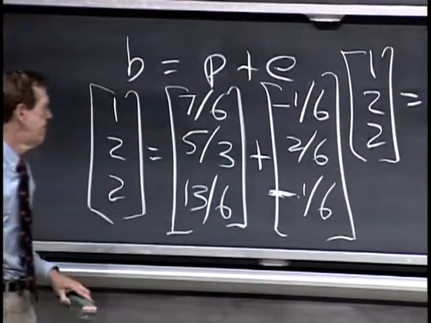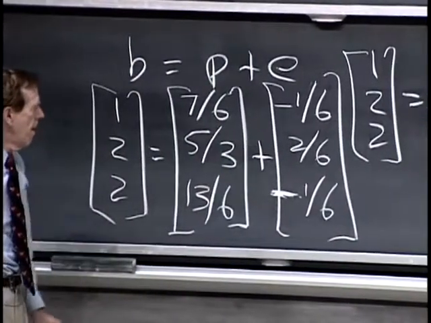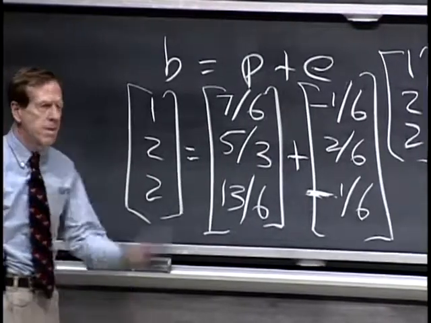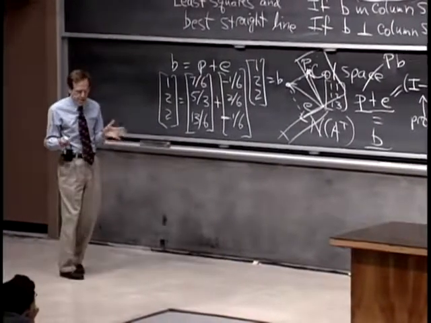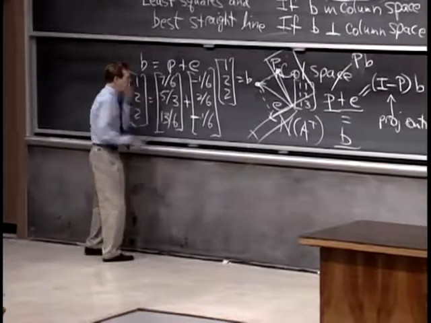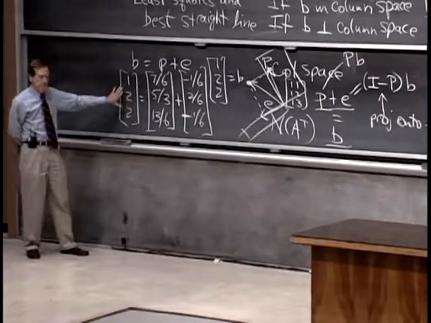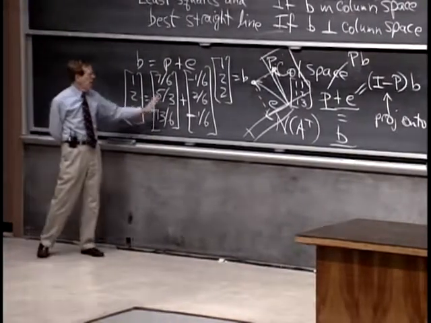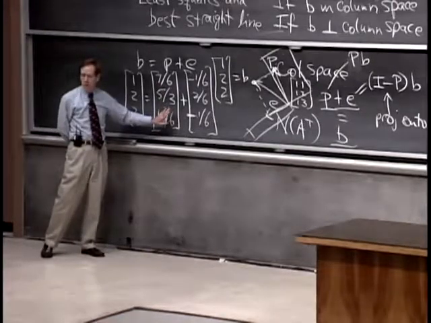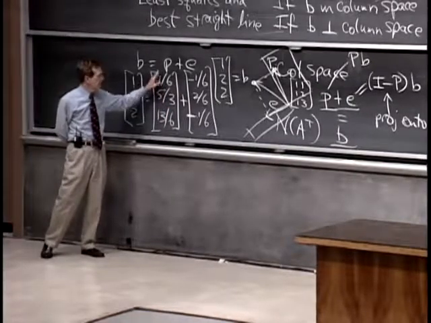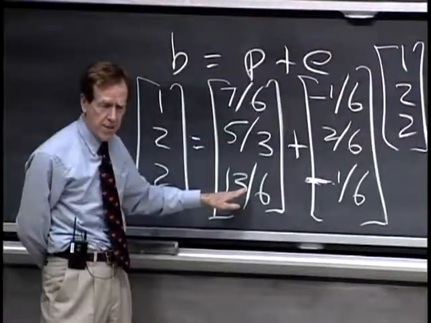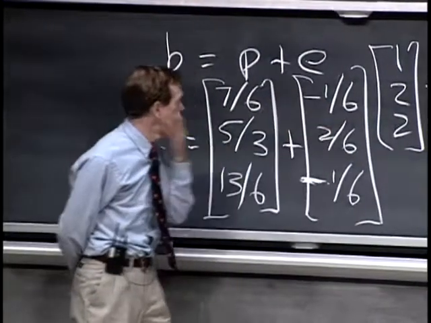Okay. Tell me some stuff about these two vectors. Tell me something about those two vectors. Well, they had to be, right? Great. What else about those two vectors, the projection vector P and the error vector E?